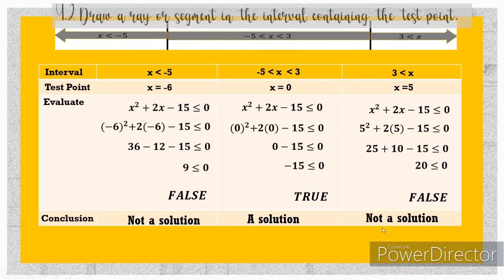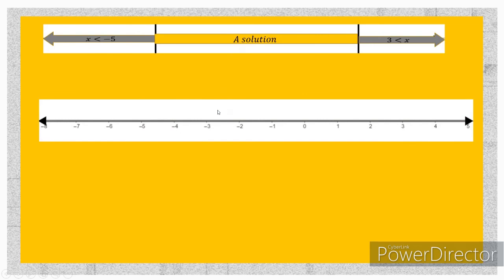Okay po? So, next step is to draw a ray or segment in the interval containing the test point. So, again, ito yung tatlong interval natin and base dun sa ating ginawa kanina, ang solution lang dito is yung gitna. Okay? Between negative 5 and positive 3. So, again, we have here the number line.